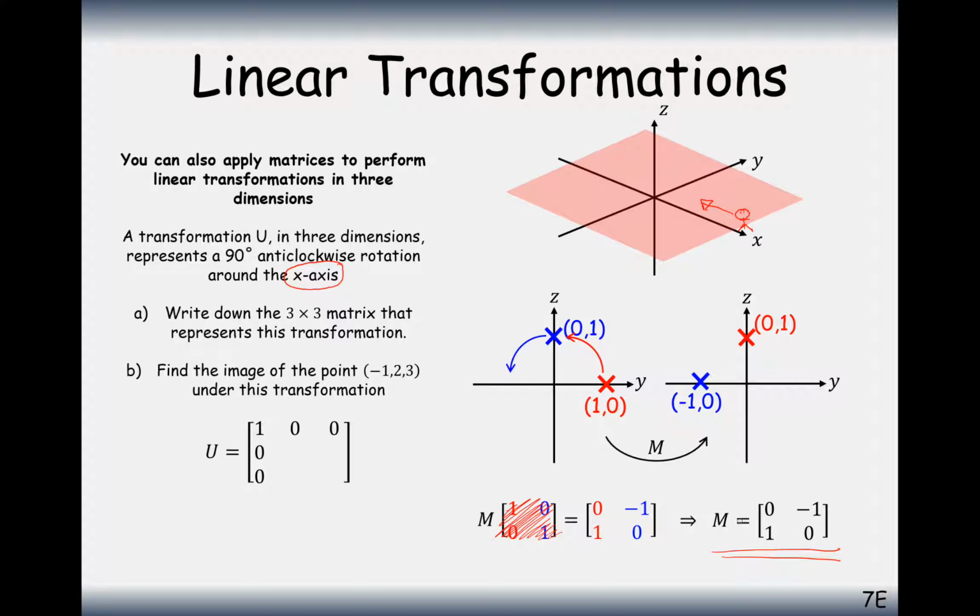So this is the 2 by 2 matrix that will rotate anti-clockwise around the YZ dimensions. So all that's left for us to do now is just pop this 2 by 2 matrix into the gap in our matrix over here, and that's our final answer.